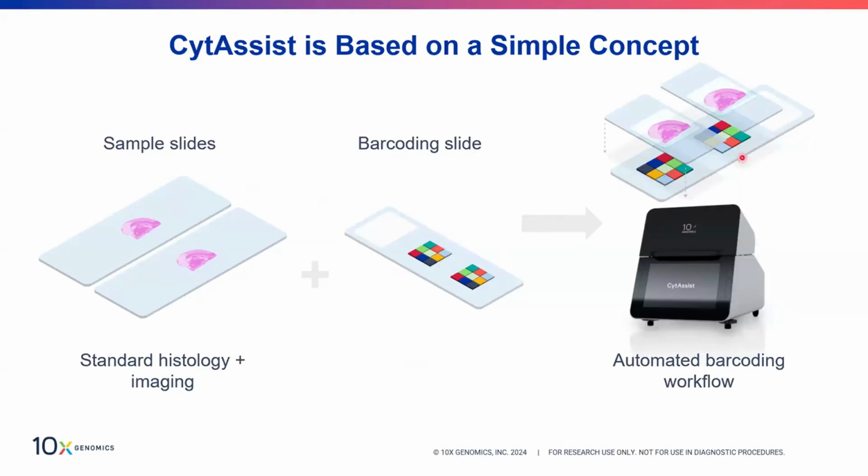This is the configuration of how it would be in the instrument itself. You have two tissue slides, sample slides, on the top, and you have one slide that the probe products get transferred to. So the concept of the CytAssist is pretty easy when you can picture it like this. You have two original slides, and the products of these two will then be transferred to the Visium slide in the machine. I hope this makes sense. I just liked showing this image because it shows the concept pretty nicely.